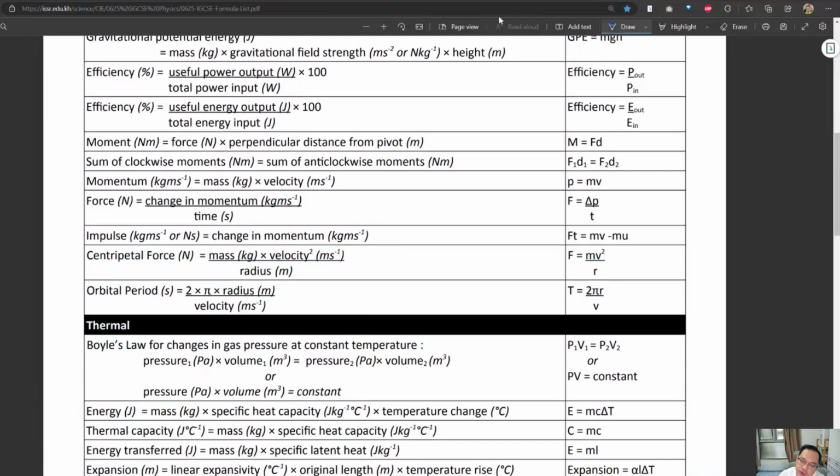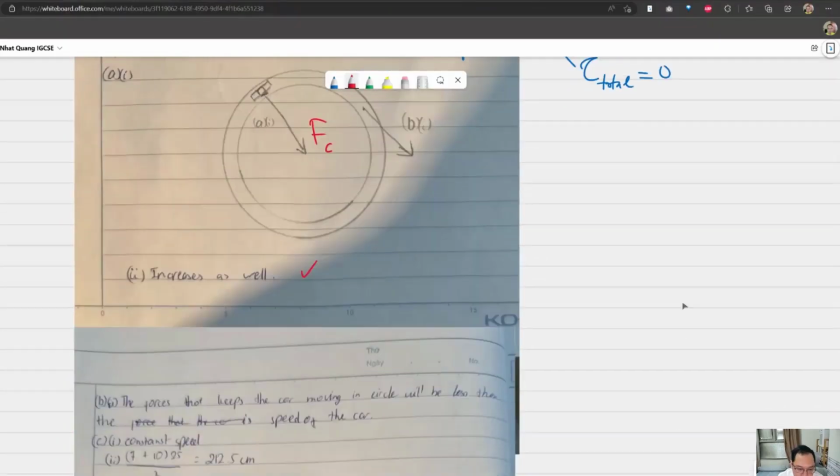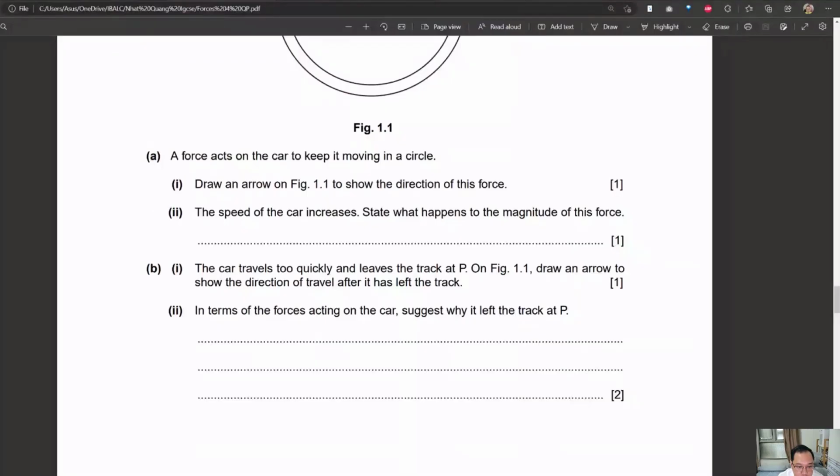So we see that the centrifugal force here is proportional to the square of the velocity. Therefore, when increasing the speed, the centrifugal force will also increase. Double the speed, and the centrifugal force will be 4 times greater. Okay, so correct answer. Question B.